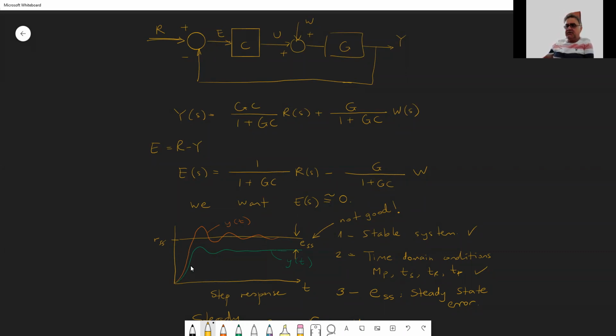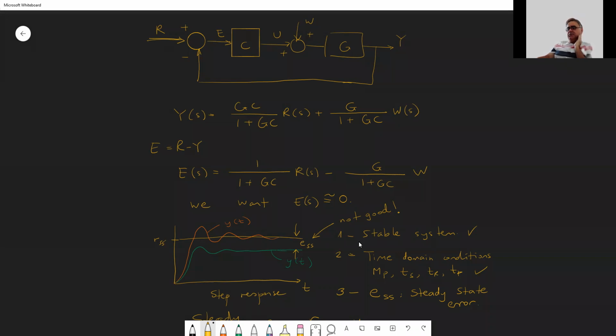Now, what you can achieve is the following. If you put a certain step input on your system, which is R, let's say this one, the yellow line, a good response would give you something like this red line.